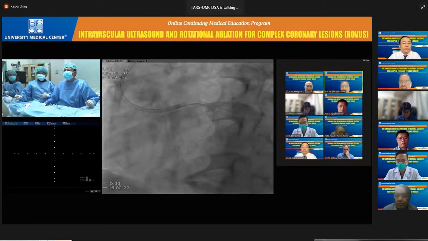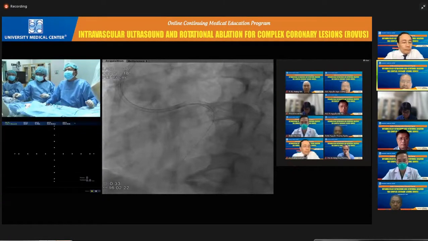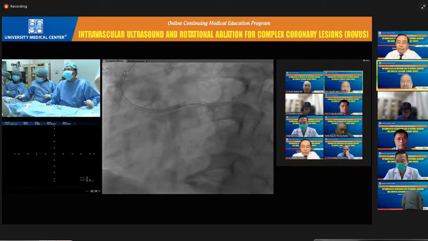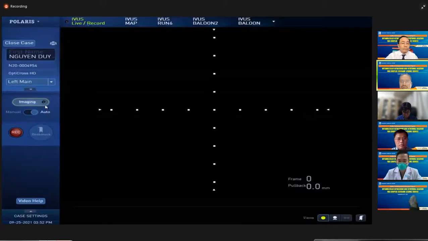How about the size of the balloon? For me, a left main should be 4 at least. So for the balloon, Dr. Quang suggests 4, please.